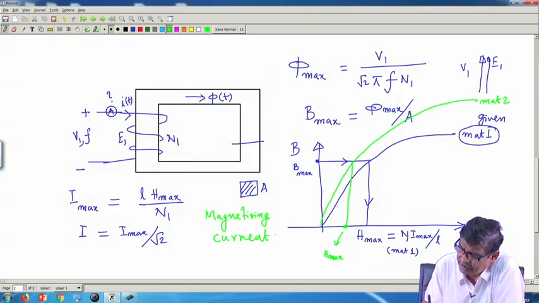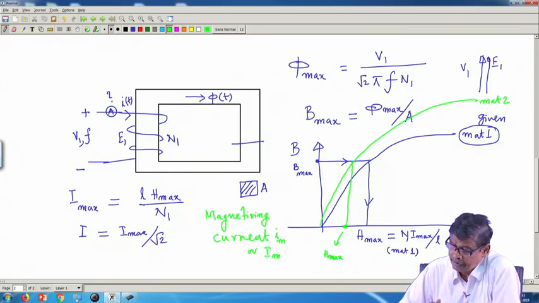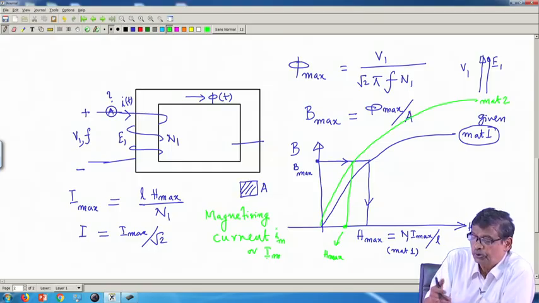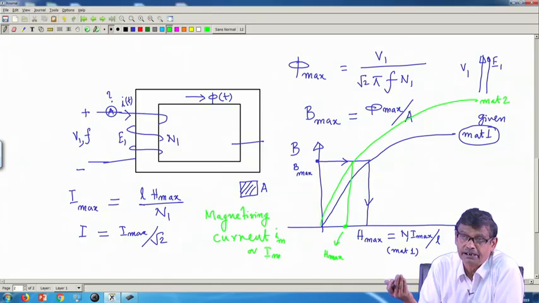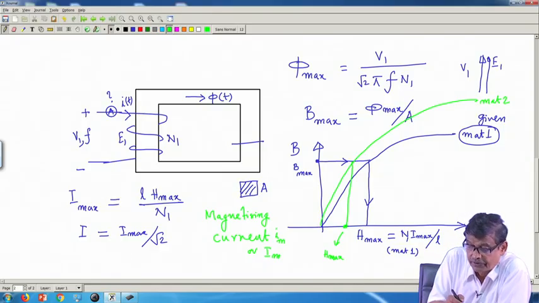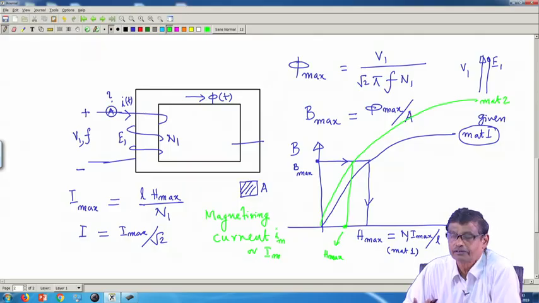Usually denoted by I m for the instantaneous value or I m for the RMS value, and I max for the maximum, it is the magnetizing current. We see that if you go on replacing this core material by better and better material, the current drawn, the ammeter reading, will become smaller and smaller.